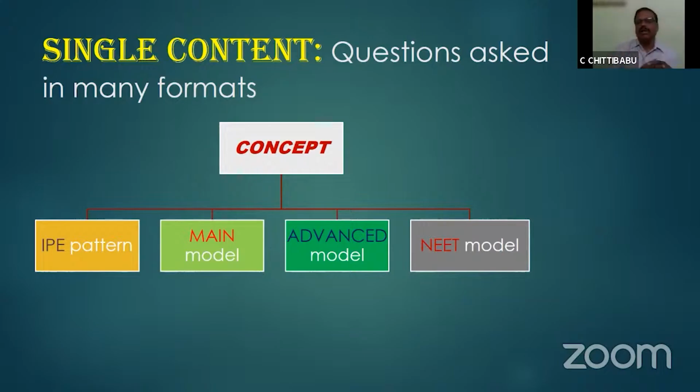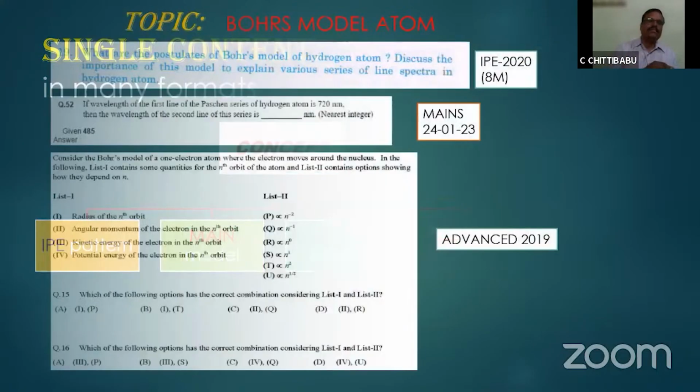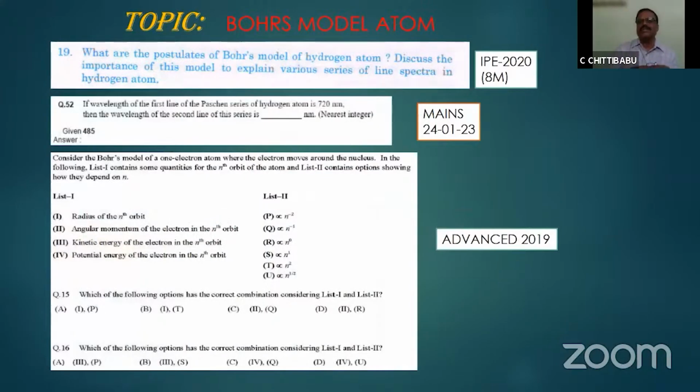And in the NEET model also, single conceptual questions are asked in the majority. Remember, the concept is the same, the content is the same, the discussion is the same, but the only thing that differs is the way in which it has been asked. Now the actual proof starts.